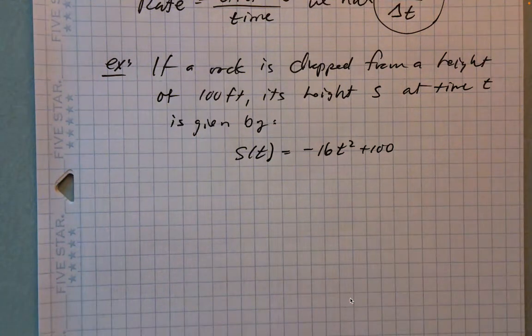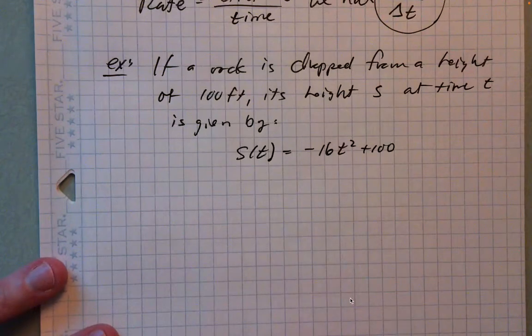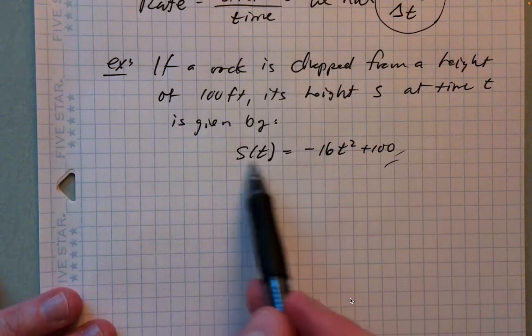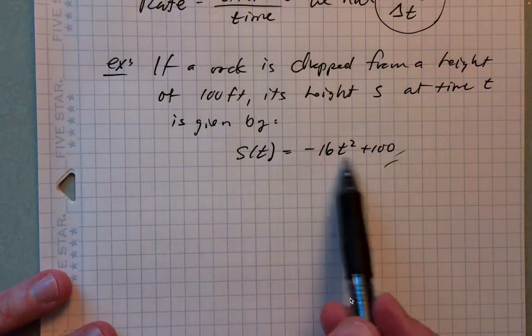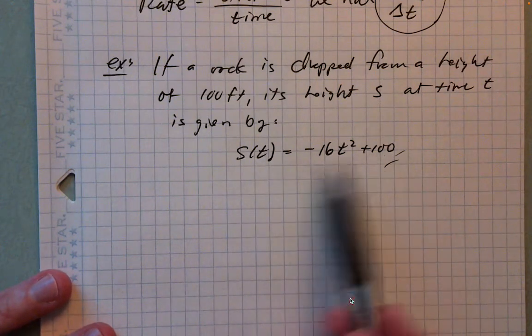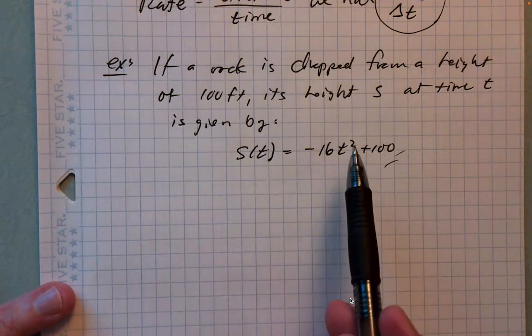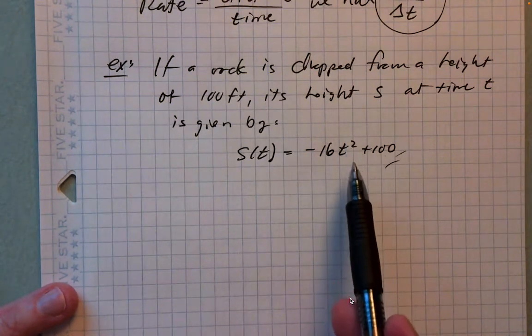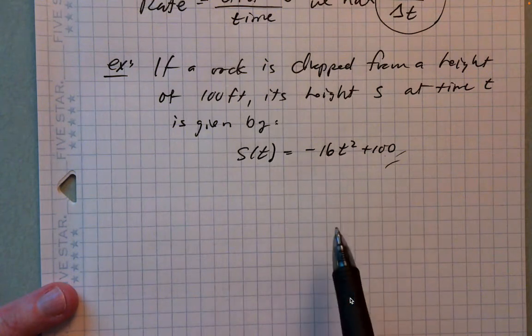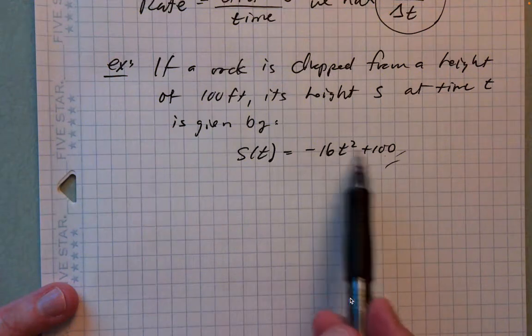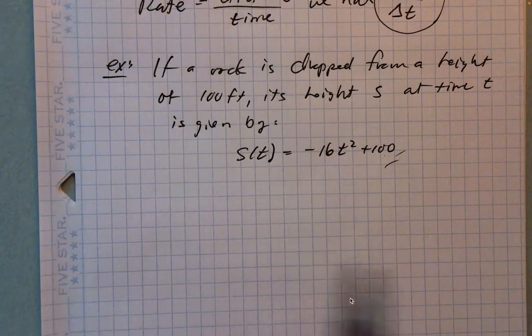In this case, s is measured in feet and t is measured in seconds. Basically, we start at 100 feet when t equals 0. The position is 100 feet. And then you drop the rock from height 100. It begins to pick up acceleration. It drops rapidly towards the ground. And this function tells us where it's at t seconds into its fall.